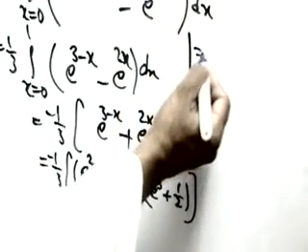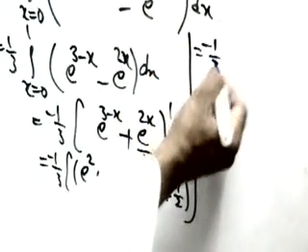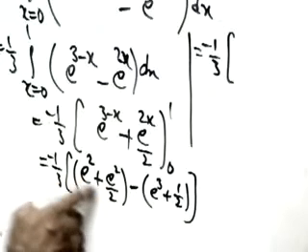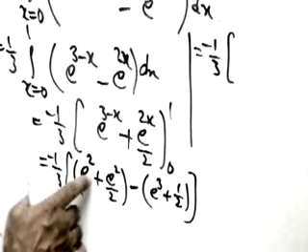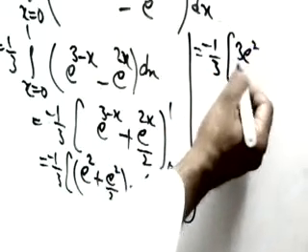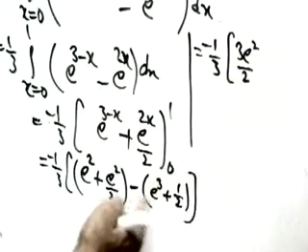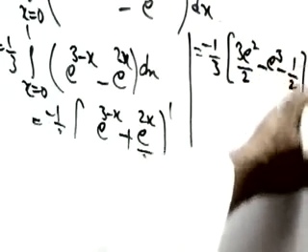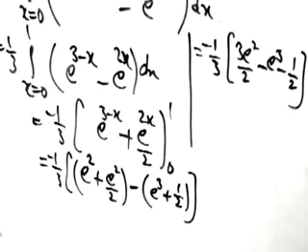So let us solve a little. I'm writing here. Minus 1 by 3 into, if you take LCM, 2 into e square, 2e square plus e square will become 3e square by 2. Now minus into plus, minus e cube minus 1 by 2.